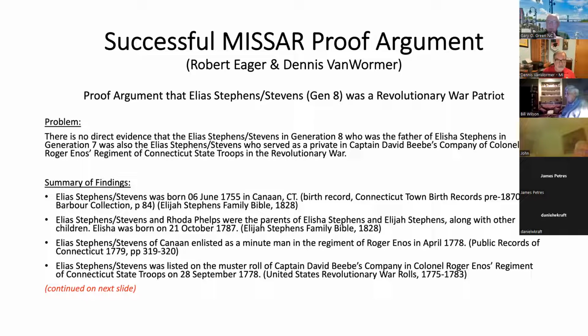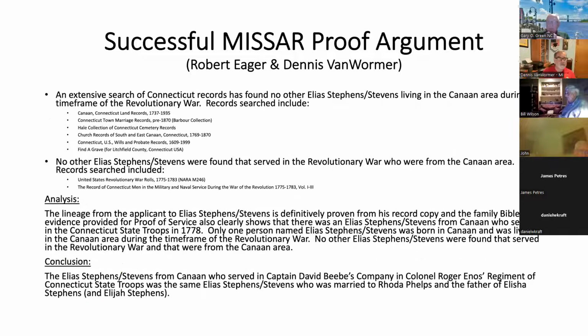So we started our reasonably exhaustive search, and you can see that first bullet. We went through land records, marriage records, cemetery records, church records, wills and probate records, and even Find a Grave.